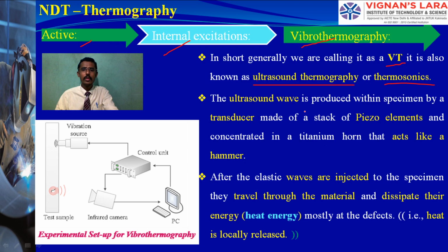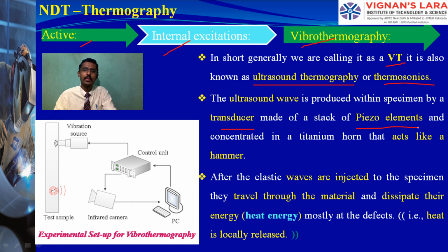The ultrasound wave is produced within the specimen by a transducer made up of a stack of piezoelectric elements. So how to generate this vibration? Clapping and material movements make vibration. Shaking causes vibration. But how to create that?